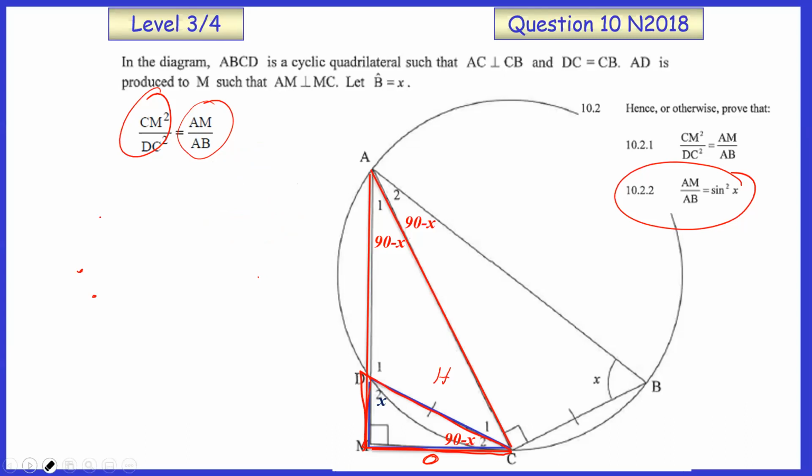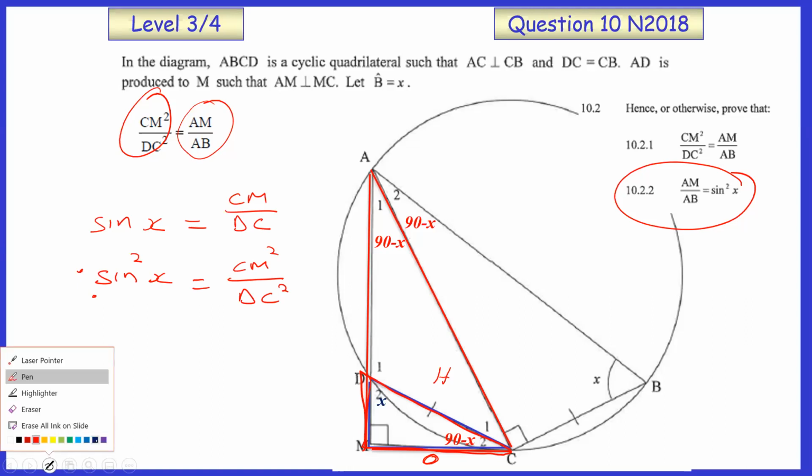So we are saying, what is sine X? Sine X is actually equal to opposite, CM, agreed, over hypotenuse, which is DC. And if we want to find the square, then we're going to square both sides, which gives you CM squared over DC squared. You happy with that?